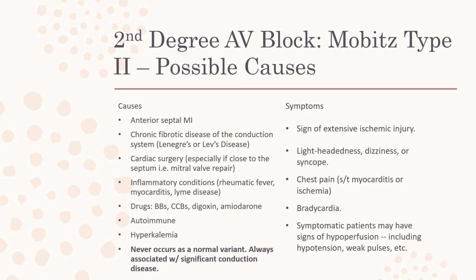The symptoms of second degree type 2: signs of extensive ischemic injury, lightheadedness, dizziness or syncope, chest pain, bradycardia. Symptomatic patients may have signs of hypoperfusion, including hypotension, weak pulses, all of those types of symptoms of poor perfusion.